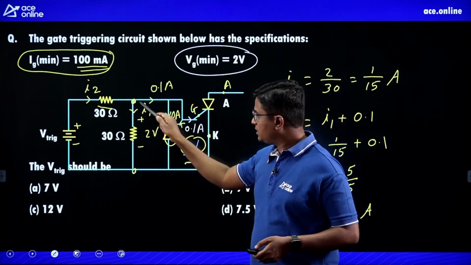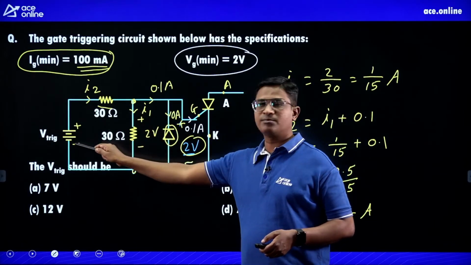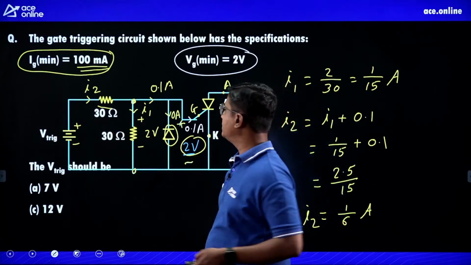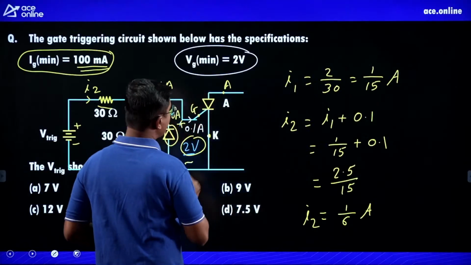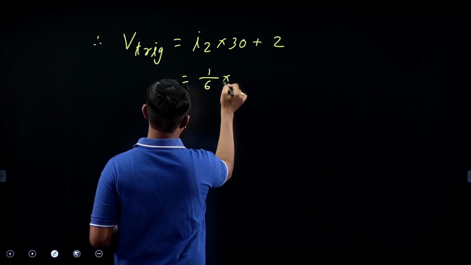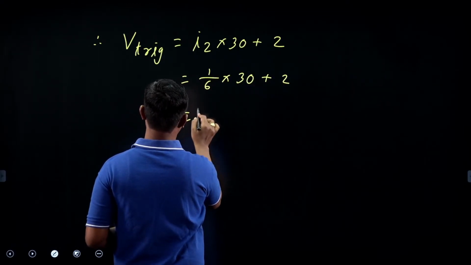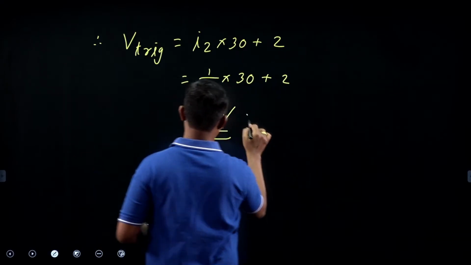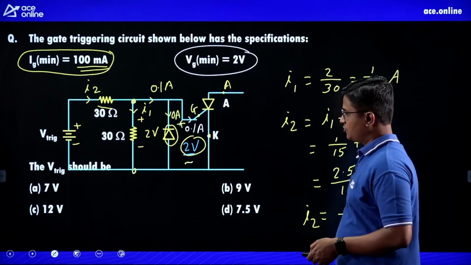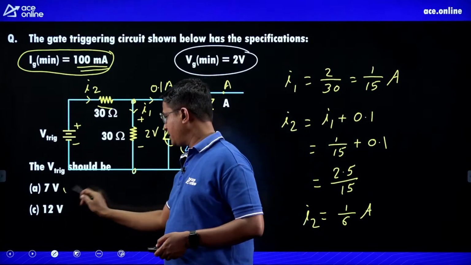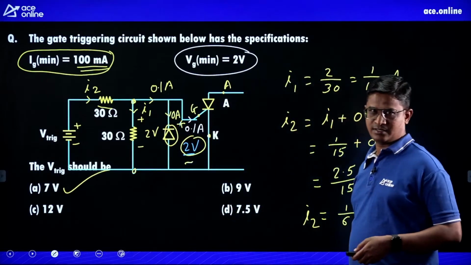So this voltage plus this voltage is nothing but V trig. So I can write it as I2 is 1 by 6 into 30 plus 2. If you simplify it, you will get 7 volt, right? 7 volt. So if you check the options, option A is the correct option, right? Yeah.